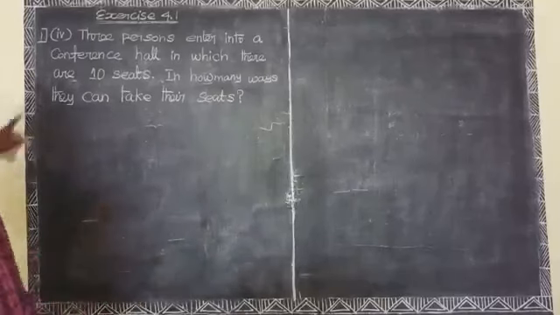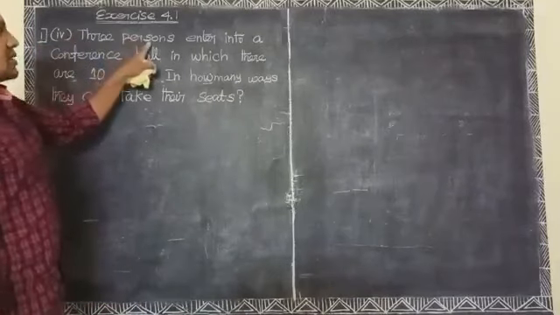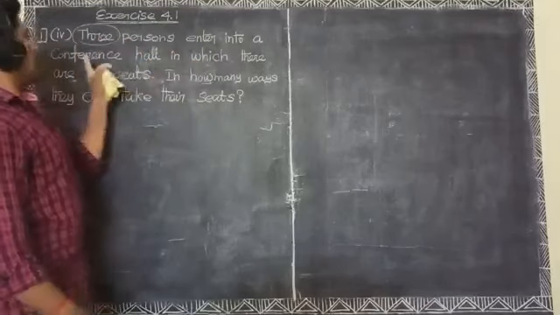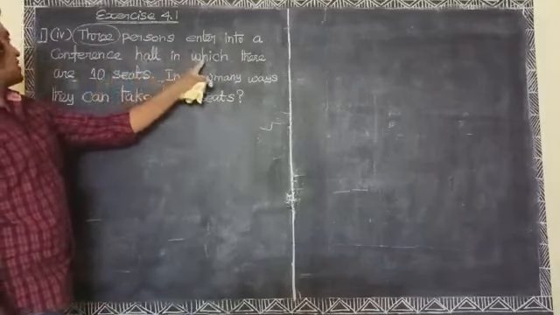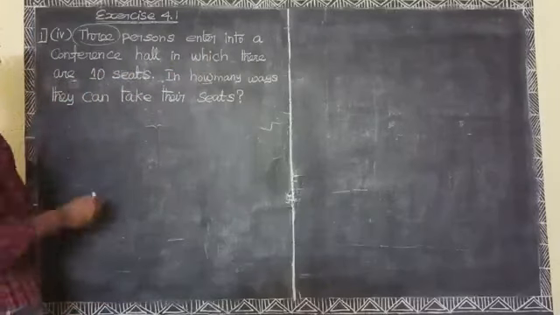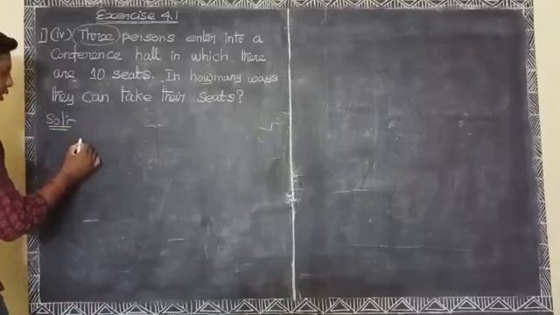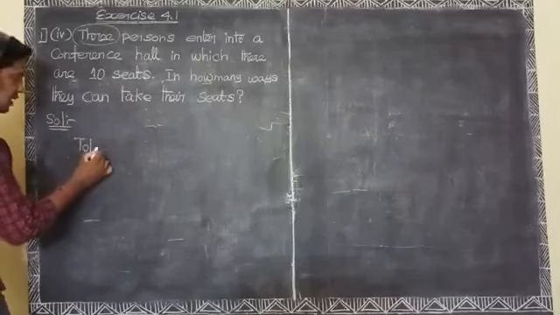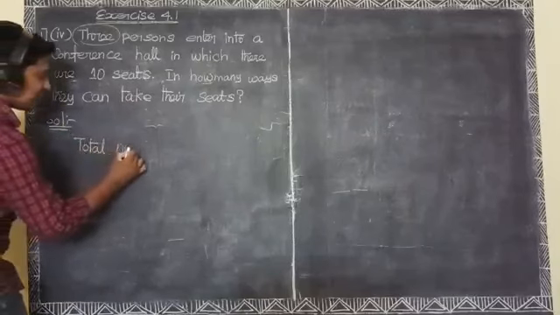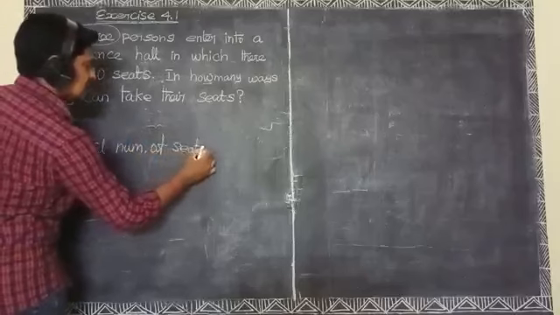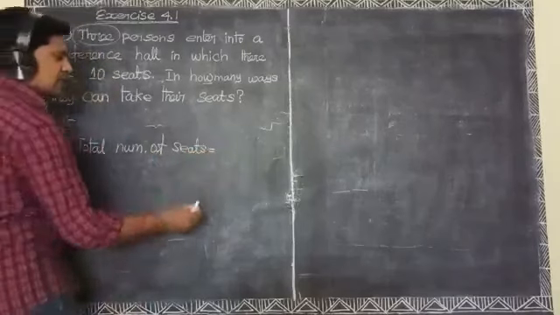Then the fourth subdivision: three persons enter into a conference hall in which there are 10 seats. Solution: the total number of seats is equal to 10.